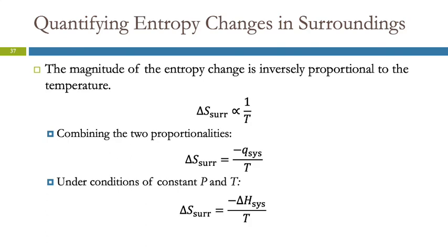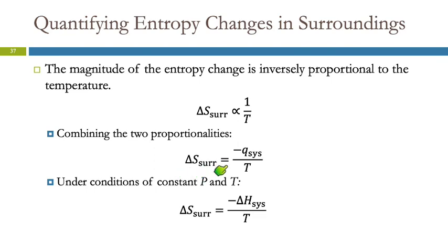So the magnitude of the entropy change is inversely proportional to the temperature. Higher temperature, less change in entropy. Change in entropy for the surroundings is proportional to 1/T. And in the previous slide, we said that this was also proportional to negative Q for the system, so we can put those together.